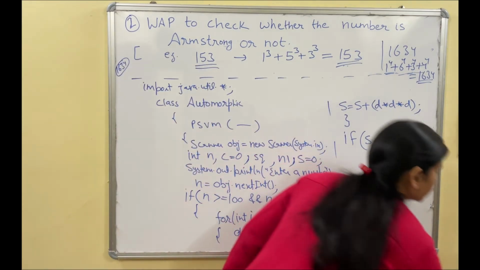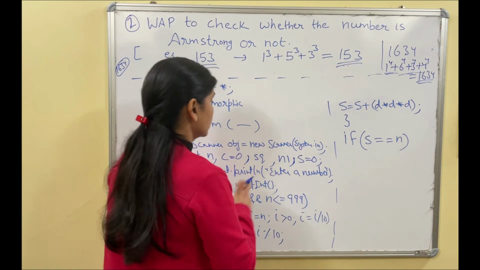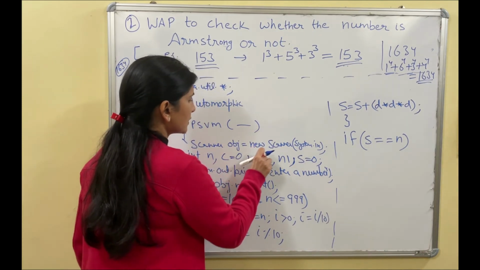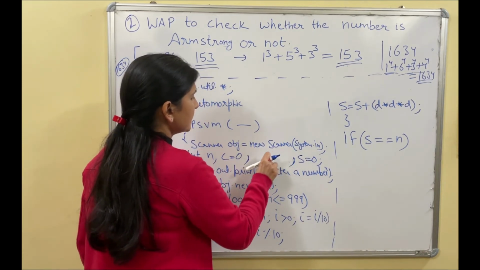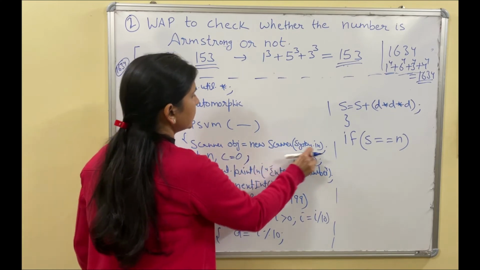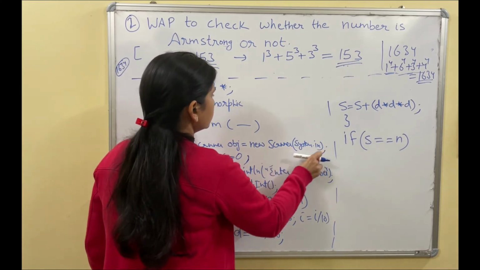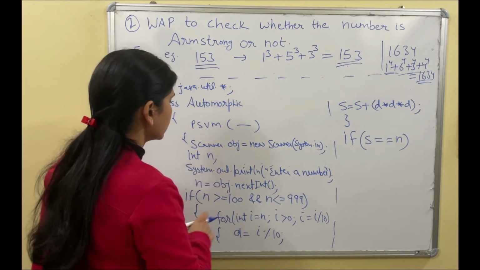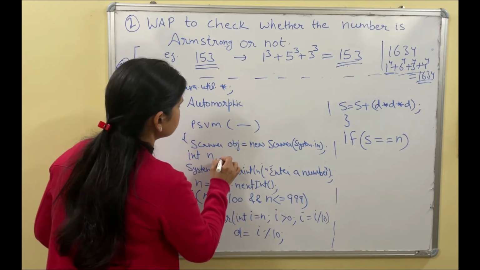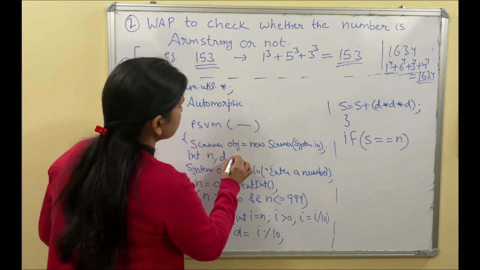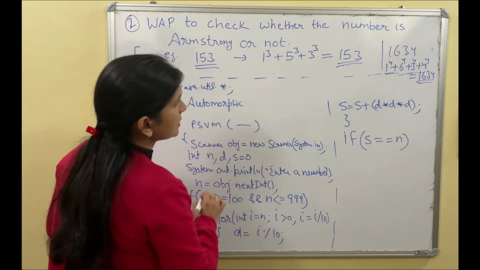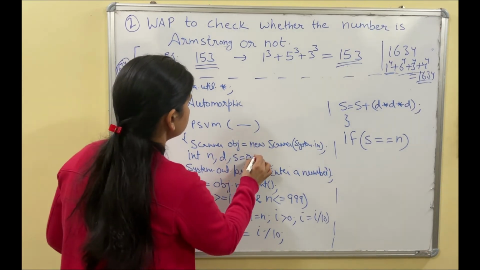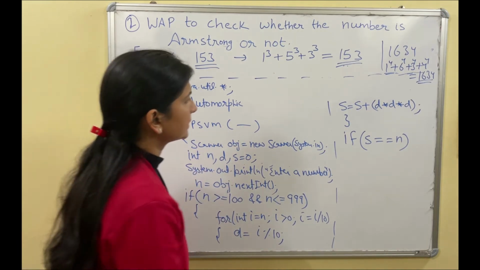So in this we will not use SQ and n1, that was of the previous program, right? Only we will use n, d and s equals 0, that's it, right?